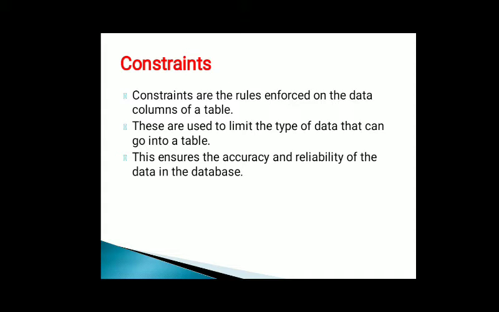Constraints could be either at a column level or a table level. The column level constraints are applied only to one column, whereas the table level constraints are applied to the whole table. It means we can apply the constraints on a single column or a whole table.